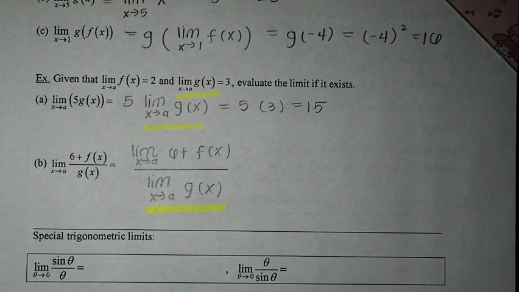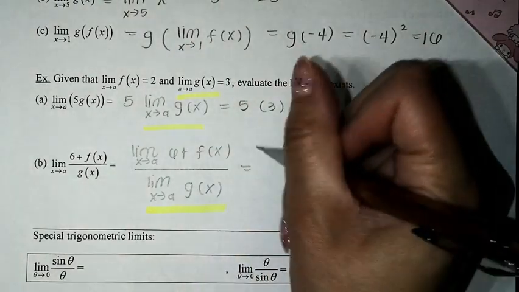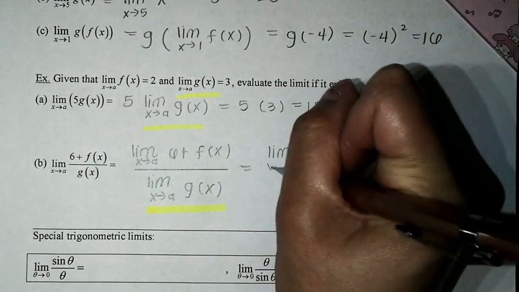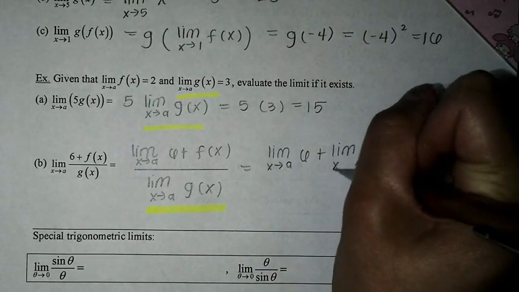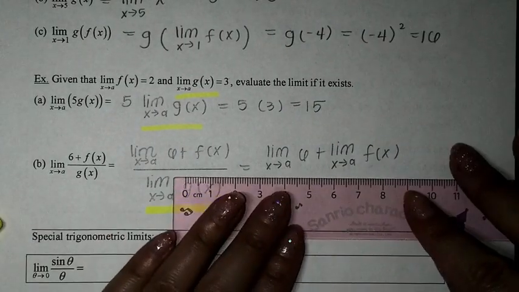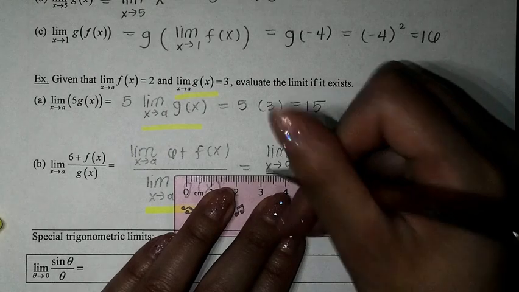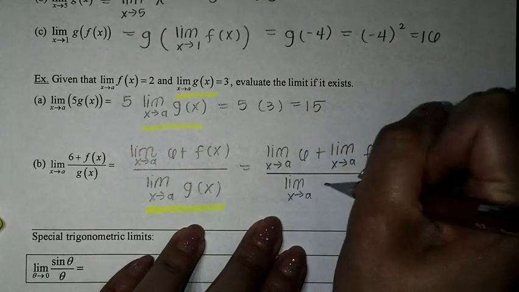Okay, do you see it? So you know that this one is going to be 3. But the top, we're not sure. So you take the limit when x approaches a of 6 plus the limit when x approaches a of f of x, and all of that is going to be divided by the limit that we have from the previous step, the limit when x approaches a of g of x.